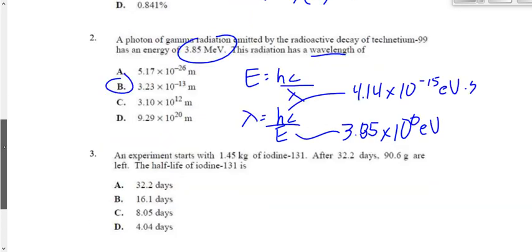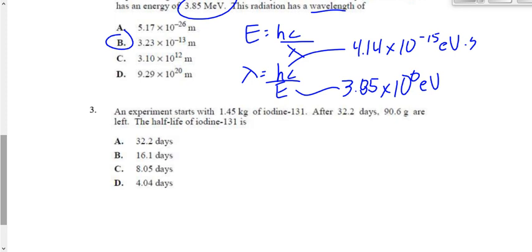And last one, finally. An experiment starts with 1.45 kilograms of iodine-131, and after 32.2 days this much is left. What's the half-life? So let's say N0 is 1.45. N is, let's say, 0.0906.